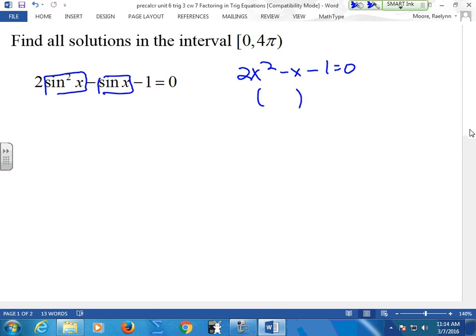2 binomials. I know the 1 has a factor of 1. I know my 2x, my 2 only has one set of factors, 2x and 1x. And my signs have to be what? One positive, one negative. So one positive, one negative, maximum 2 times to get the factors.